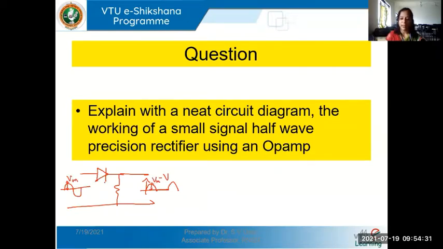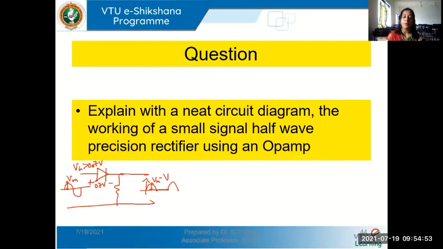Coming to a regular diode based half wave rectifier, the diode conducts only when the input signal V in crosses the cut-in voltage of the diode, which will be around 0.7 volts.